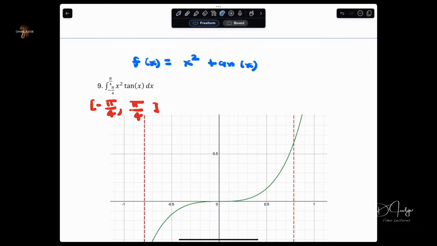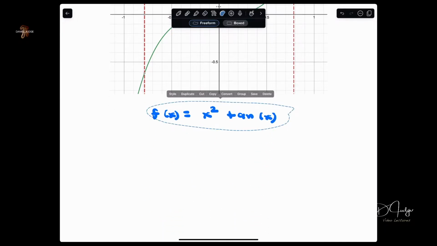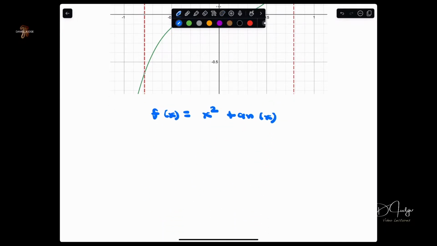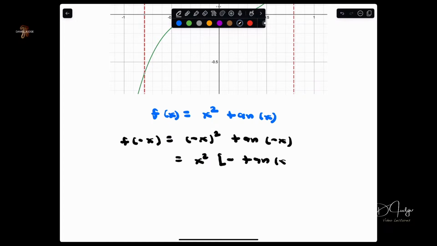So we have to figure out whether this function is even or odd. To do that, we have to evaluate f of minus x and see what it equals. Just plug in a minus x wherever there's an x. This is x squared, and this will be minus tangent of x because tangent is an odd function.